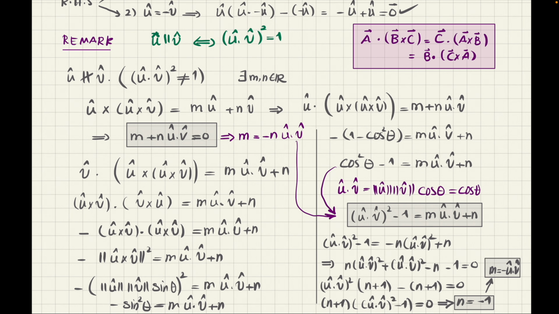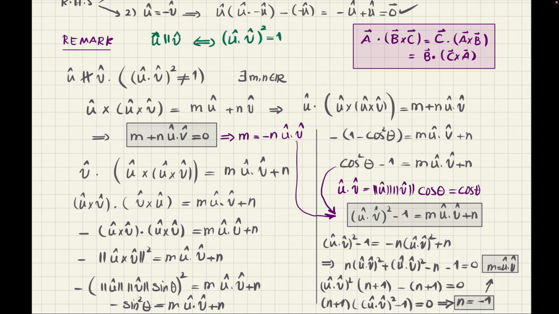Yes? And now, if I go back here, do you remember? This was the identity that I have. Now I realize that this is positive. This is positive. So I have to correct that, because n was negative, so this means that m is positive u dot v. Yes?